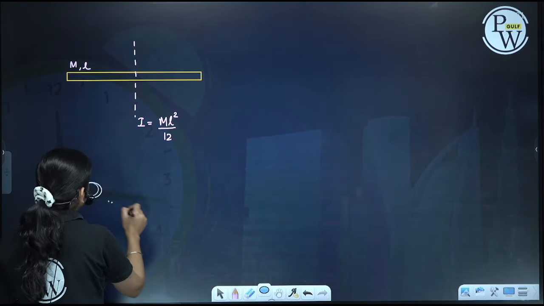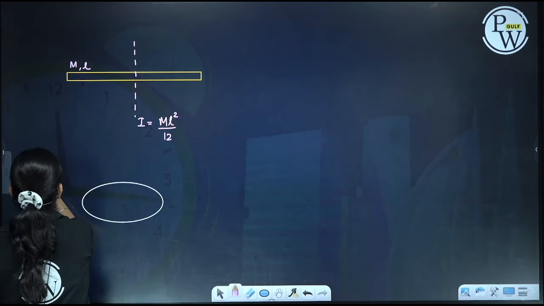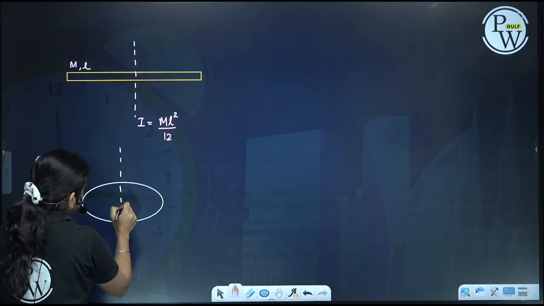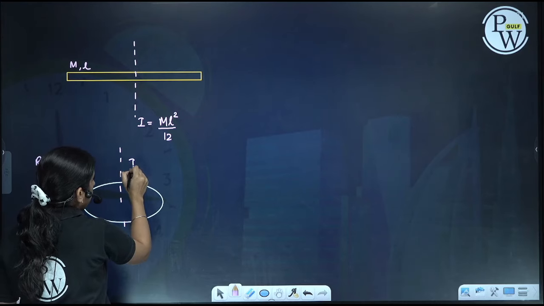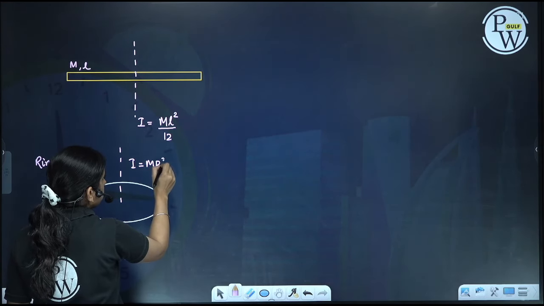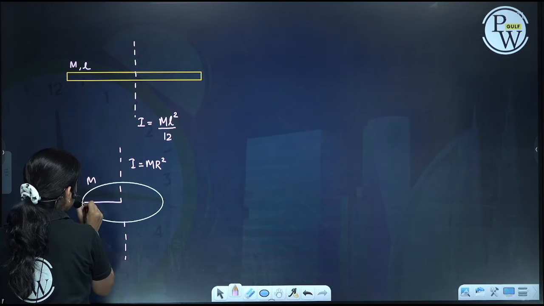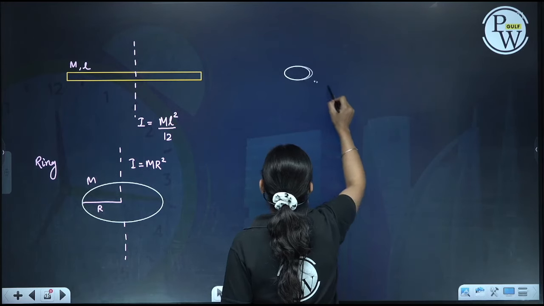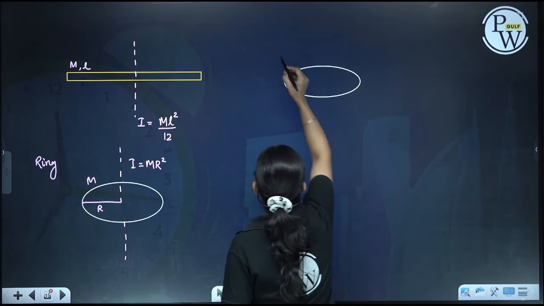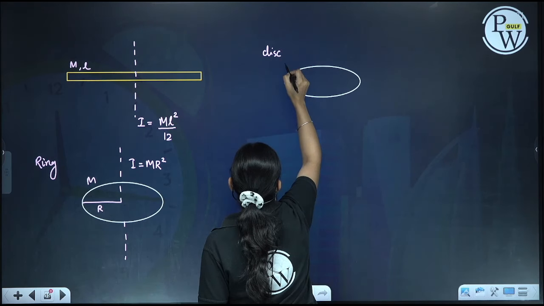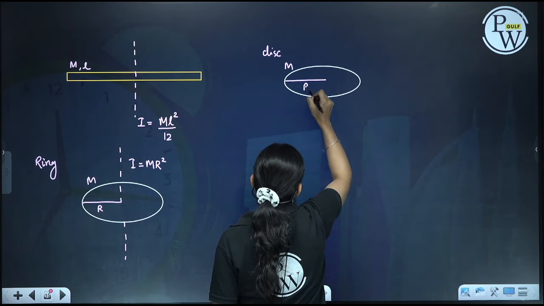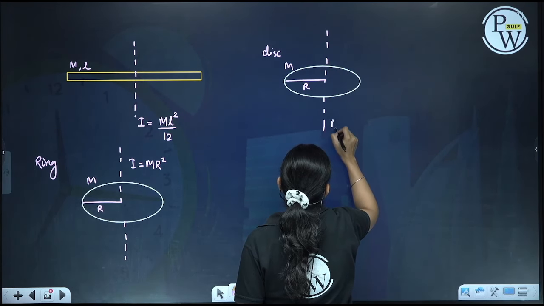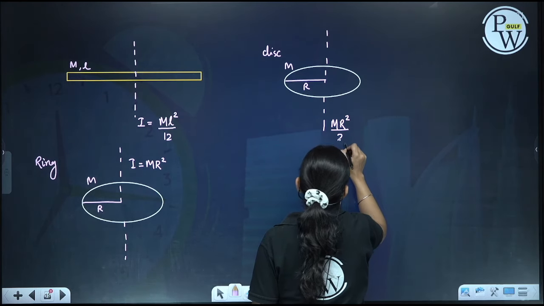If we have a ring, then its moment of inertia about its own geometrical axis is I equal to mr square, where m is the mass of the ring and r is its radius. Similarly, if we have a disk of mass m and radius r, then its moment of inertia about its geometrical axis is mr square by 2.